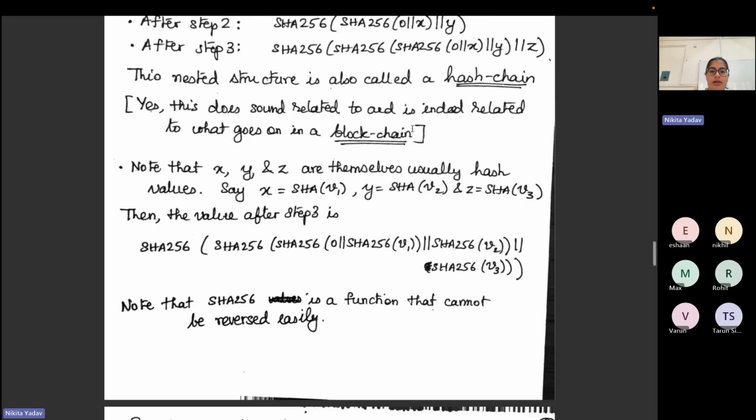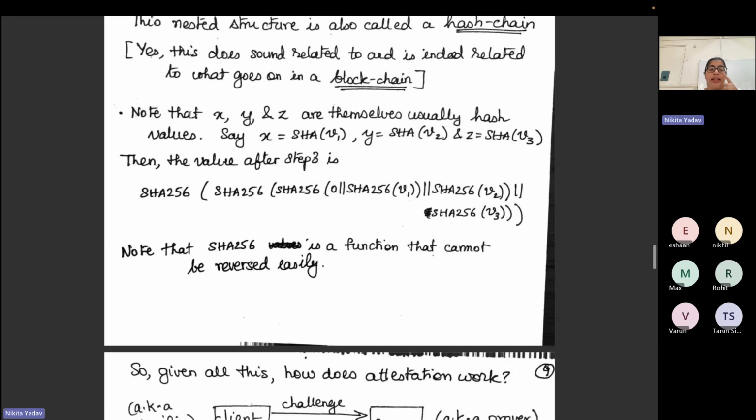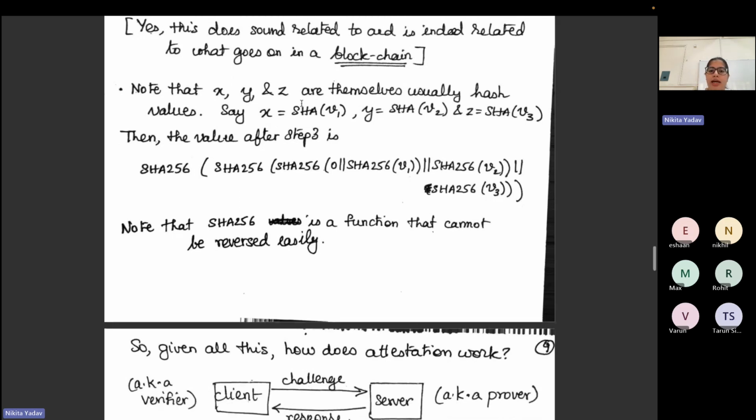Then we said that usually these x, y, z values are also hash values which are supplied to the TPM. If x is equal to SHA of V1, y is SHA of V2, and z is SHA of V3, then we can replace them here, and this string will look something like this. And this provides security.